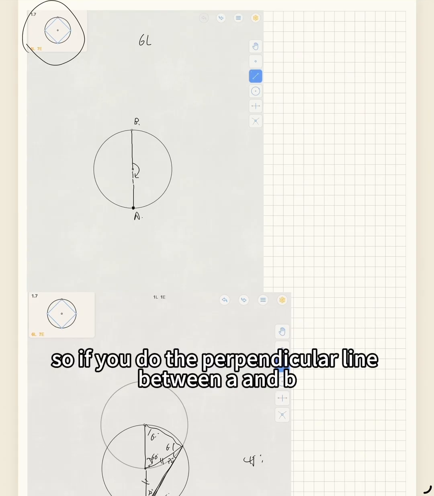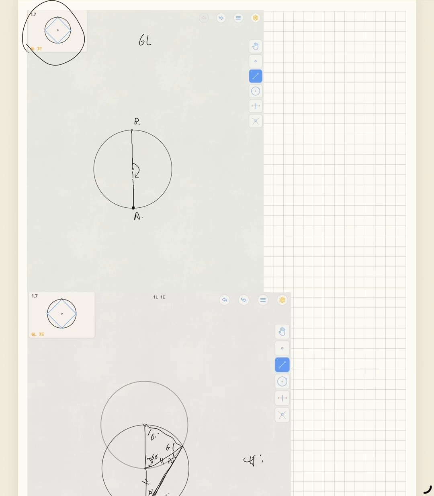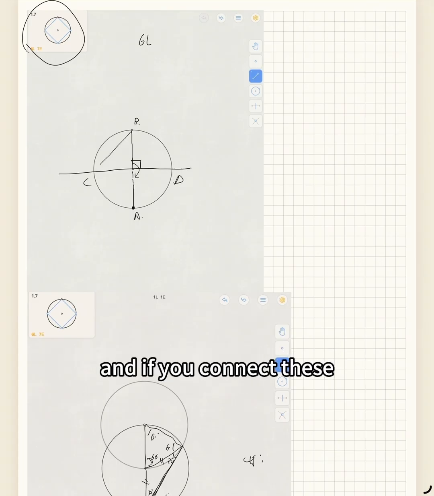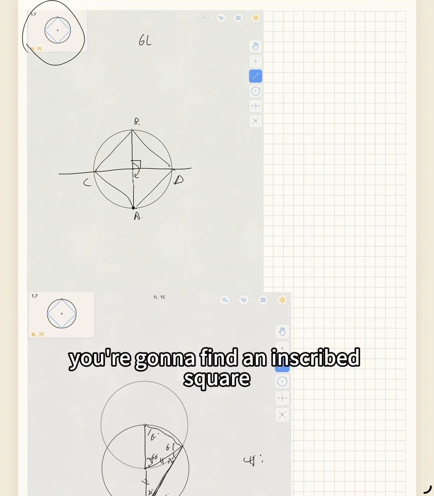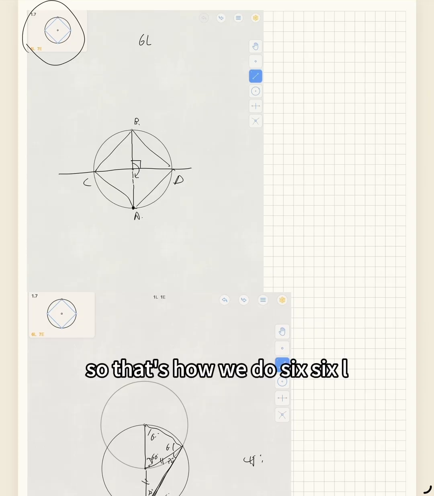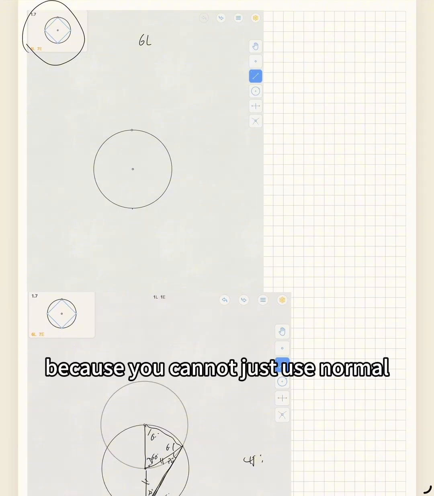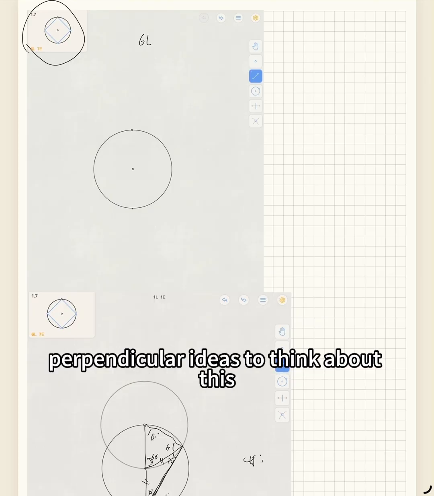So if you do the perpendicular line between A and B, you are going to find point C and point D. And if you connect these, you're going to find an inscribed square. So that's how we do 6L. But how can we do 7E? 7E is harder because you cannot just use normal perpendicular ideas to think about this.